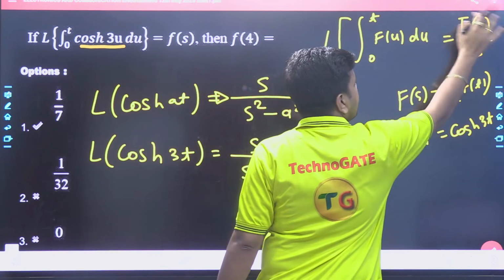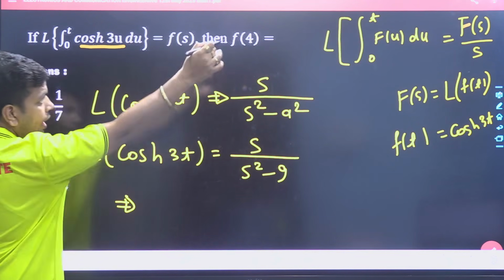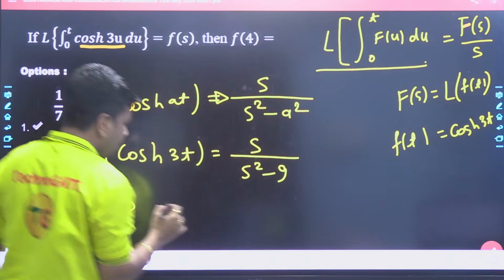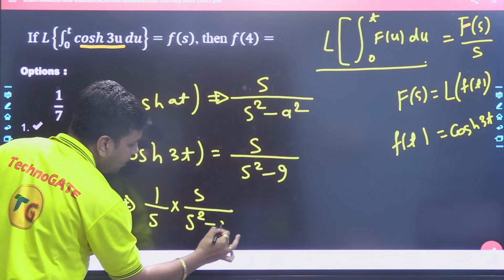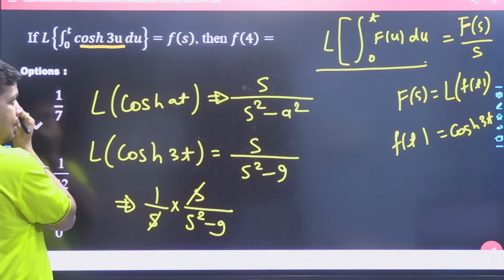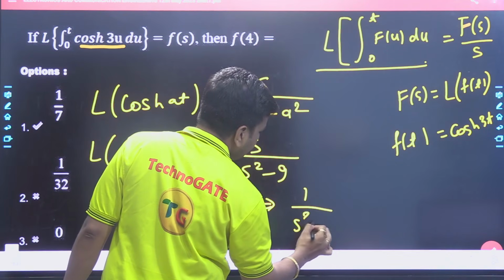This is F(s), and you need to divide by s. So the result is 1 by s multiplied by s upon s square minus 9. We can cancel out s and s. So this is 1 upon s square minus 9.